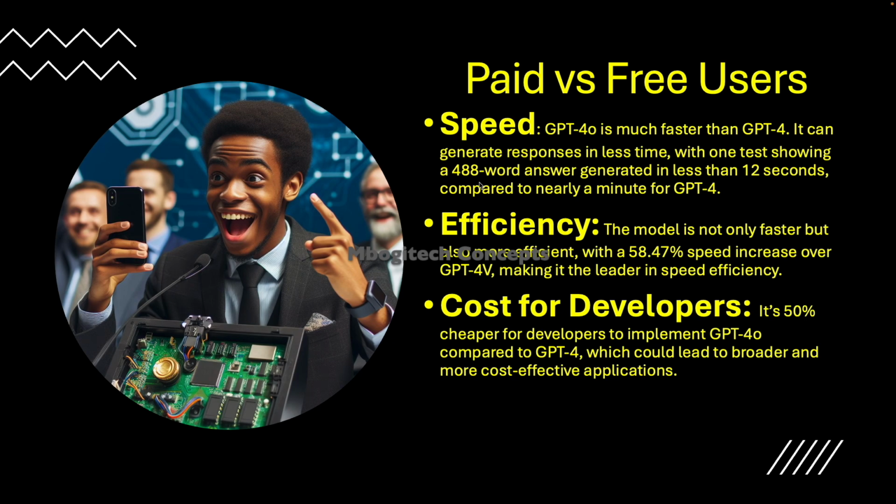Now, cost for developers. OpenAI has made things a lot easier, guys, for you to be a developer, because it has made the cost 50% cheaper for developers to implement GPT-4o compared to GPT-4, which could lead to broader and more cost-effective applications. So what this means is that, let's say previously you are paying 0.08 cent for a token under GPT-4.